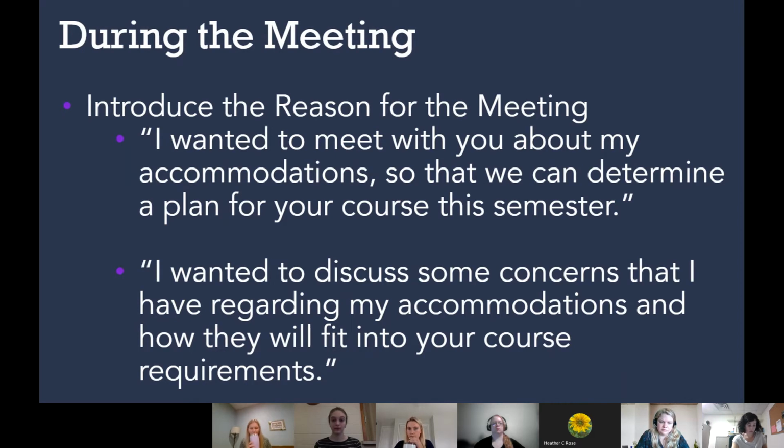Okay, so during the meeting, we have arrived, we're in the office now, and it's time to introduce the reason for the meeting. Some ways you can do this is by saying, "I wanted to meet with you about my accommodations so that we can determine a plan for your course this semester."